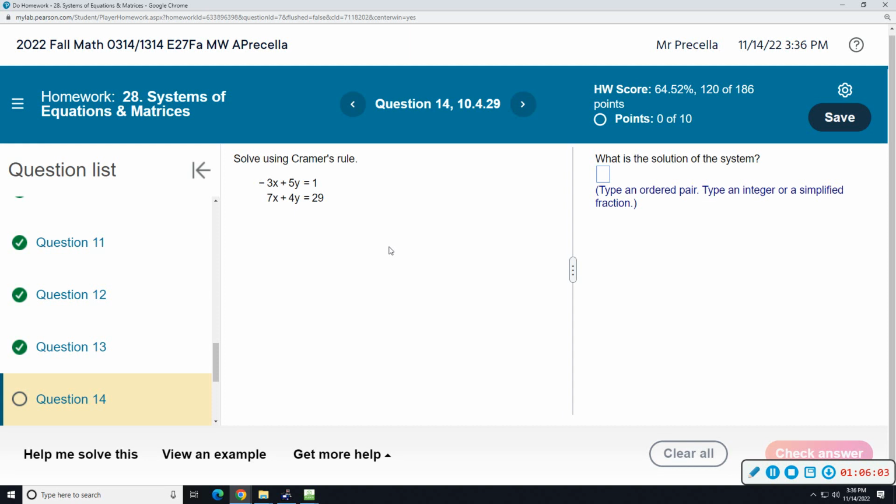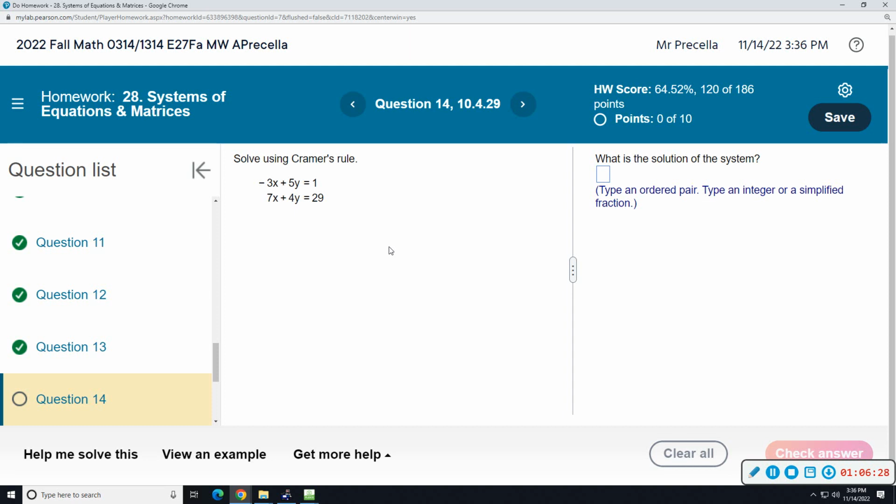So we have negative 3x plus 5y equals 1, and 7x plus 4y equals 29. So we're going to find d.